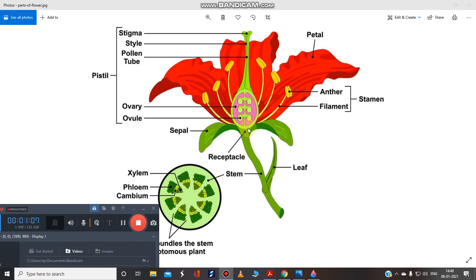Then, as we know, these are the reproductive organs. Flower is the reproductive part of a particular plant. So yes, we need some male, or you can say both sexes. So we have stamen as well as we have pistil part.